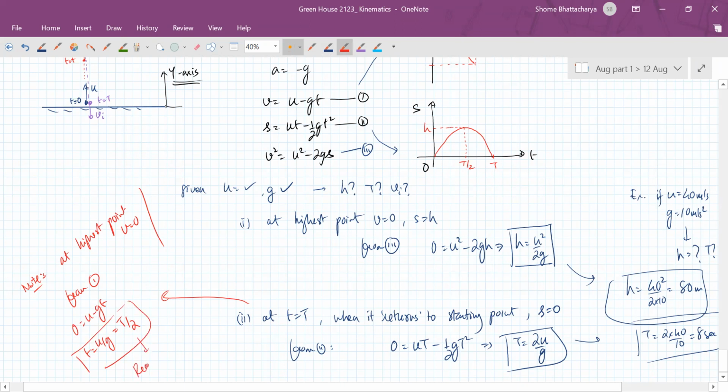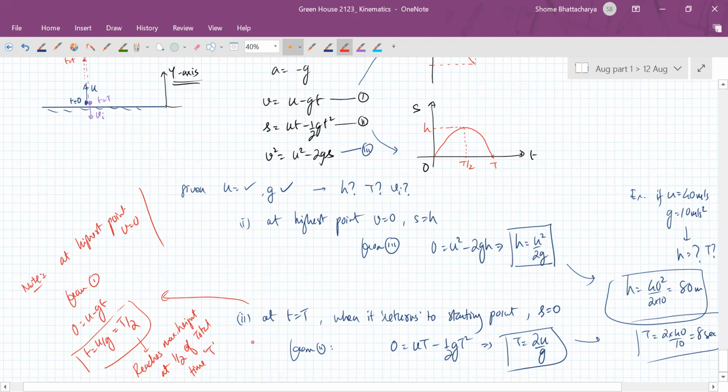So it reaches maximum height at half of the total time, capital T. To go up and come down, whatever is the time, it takes half of that to go up and therefore half of that to descend down.